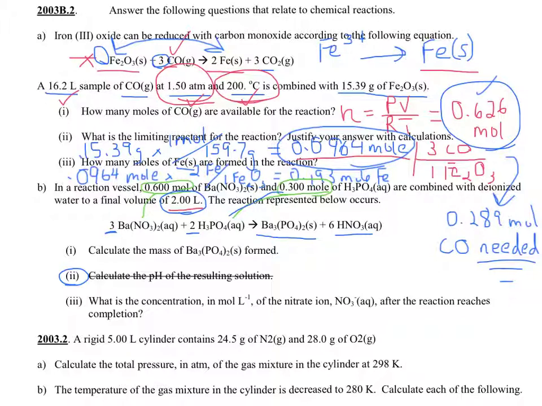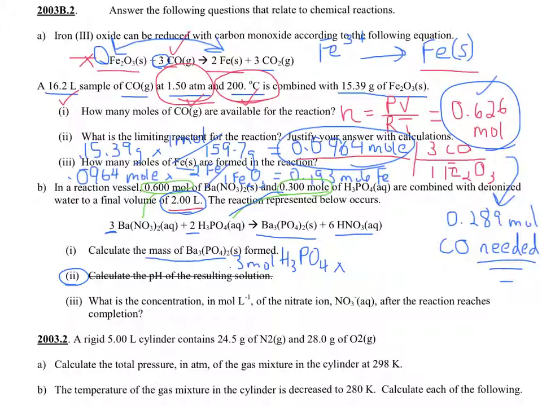So we want the mass of barium phosphate that is formed, so we start with our 0.3 mole of the H3PO4, and we use the mole-to-mole ratio.